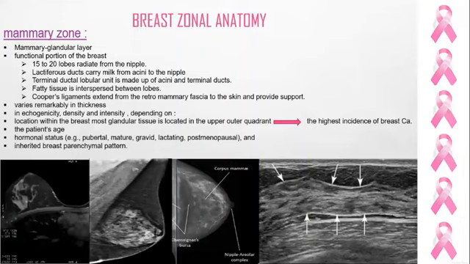Regarding the mammary zone, as we mentioned, this is representing the gland. Here, this is the superficial layer of the superficial fascia, and this is the deep layer of the superficial fascia. Both are echogenic and envelop the mammary zone. Anterior to which is the pre-mammary zone, and posterior to which is the retromammary zone, which is also seen here.